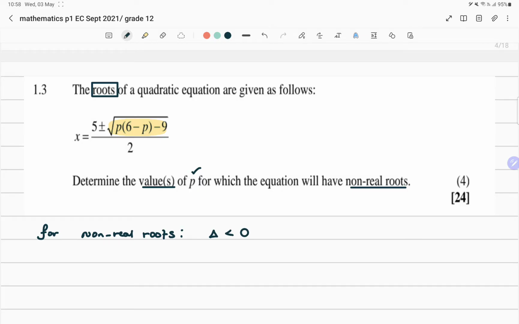So when the discriminant is less than 0, meaning what is under the square root sign is negative, that is undefined. That's what we mean by non-real roots.